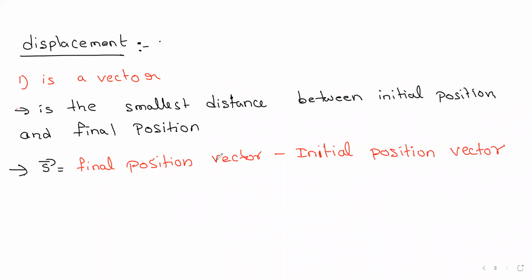Final position vector is nothing but the final position of the object, and initial position vector is nothing but the initial position of the object.